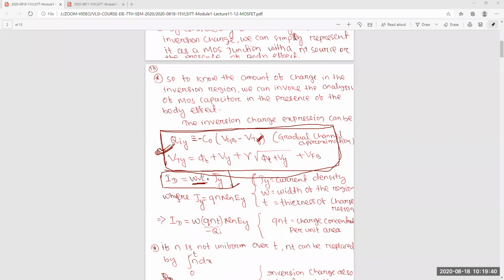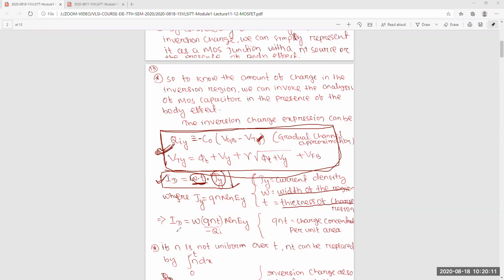This W T is your area, and J is current per area, the current density. If you multiply the area by the current density, we can calculate ID. Here J is current density, W is the width of that small region, and T is the thickness of the channel region, and that small dy part.